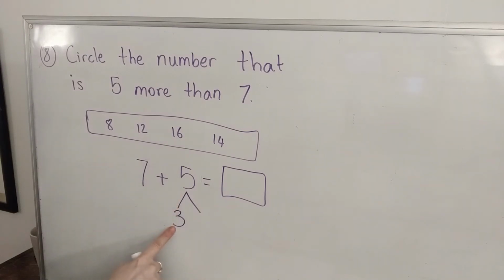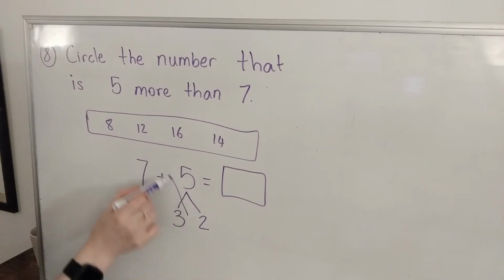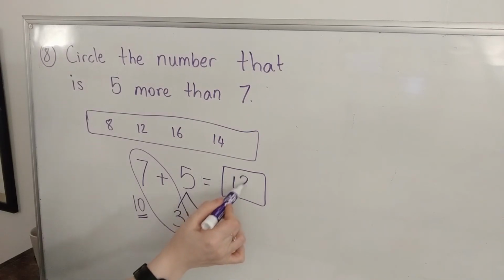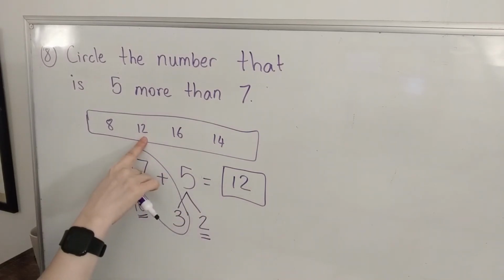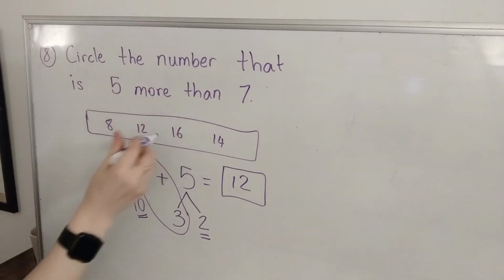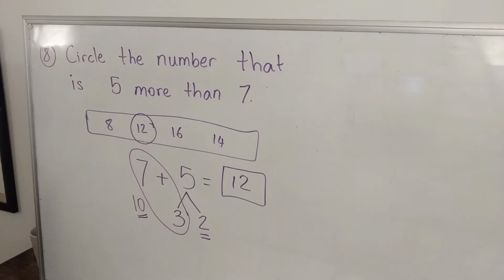So it's going to take it from the 5. What else is left inside the 5? 3 plus 2 is 5. There's our 2. Now we're ready to add. 7 plus 3 is 10. Plus the 2, 12. We found it. Circle the number that is 5 more than 7. Done.